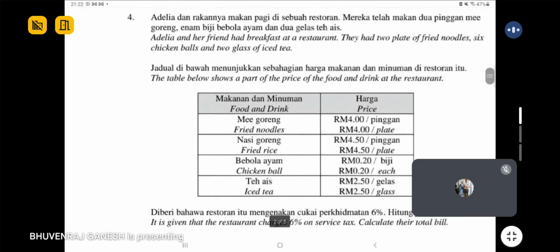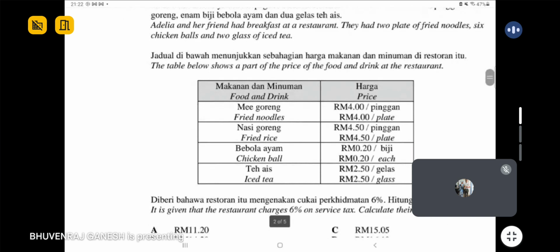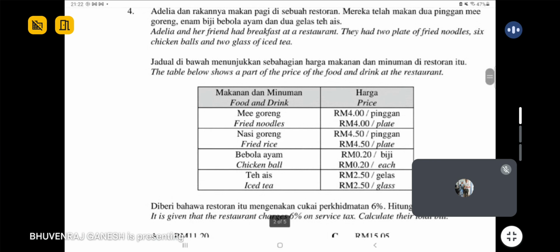So next person, who is it? Karthik, can you try this question? Should be no problem.